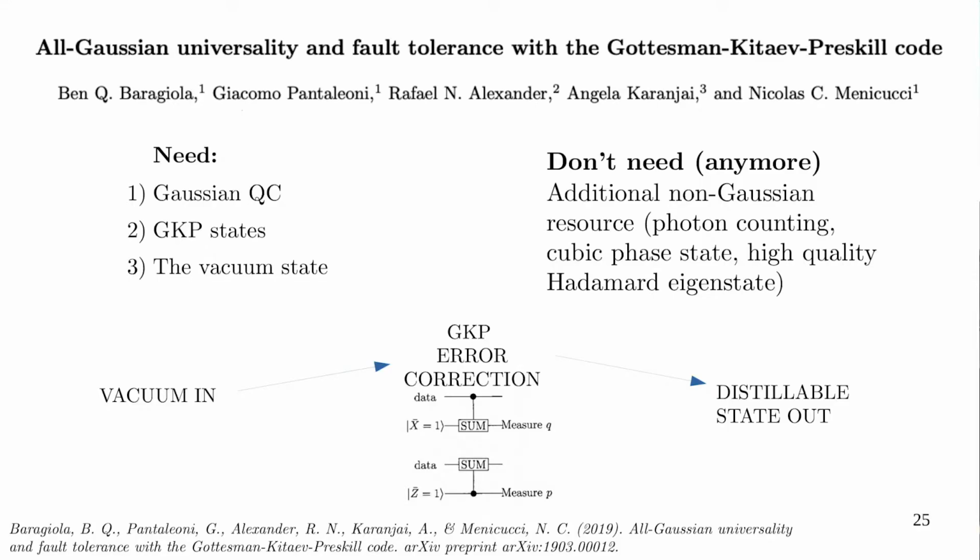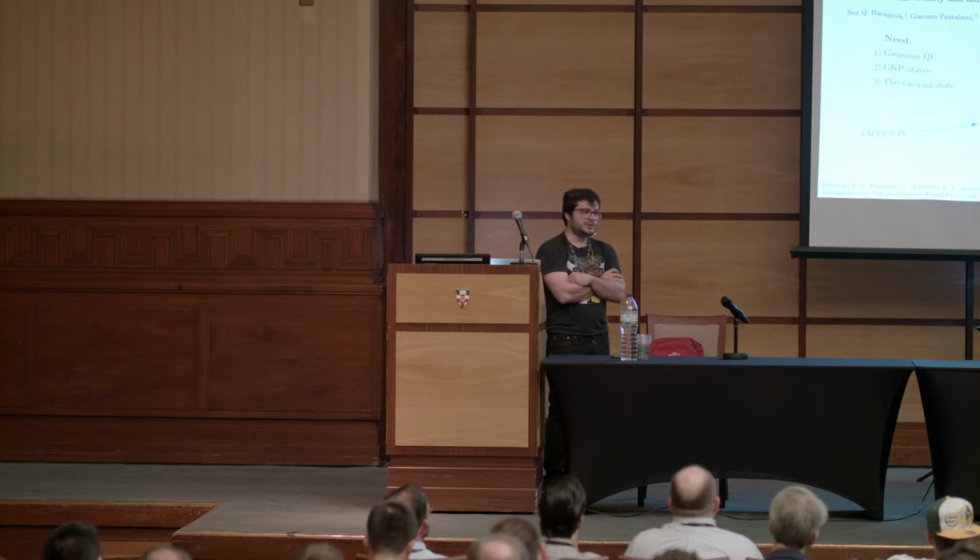What we did is, the idea initially was that to get to fault tolerance with continuous variable quantum computing, if we read the GKP paper, for example, there were two non-Gaussian resources involved. One was the GKP state itself, which is non-Gaussian, and it's used to encode.